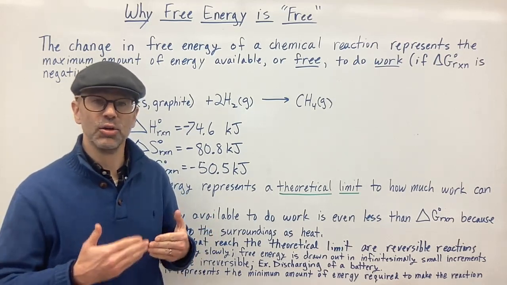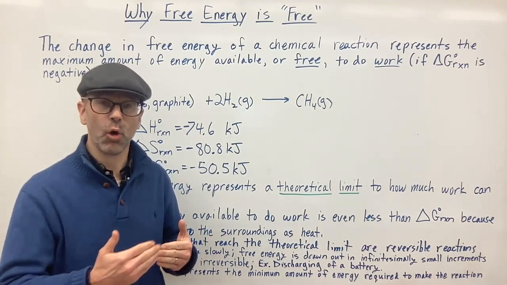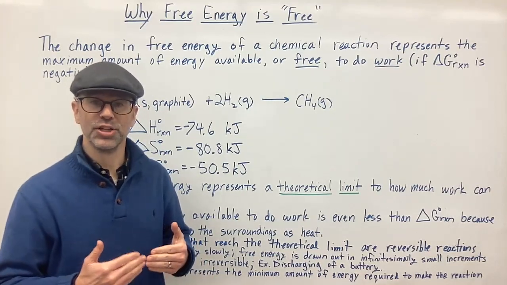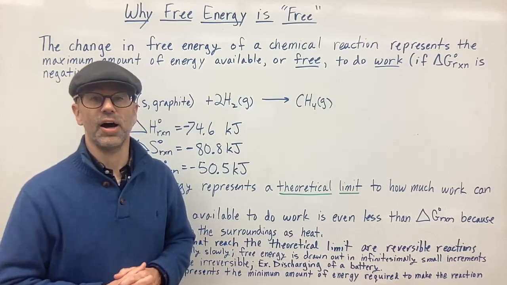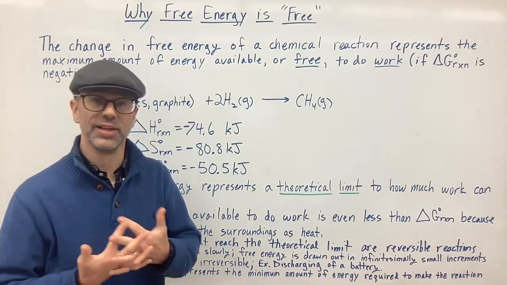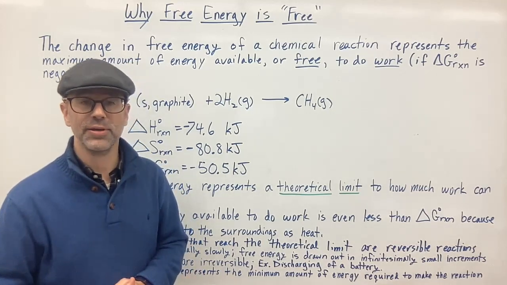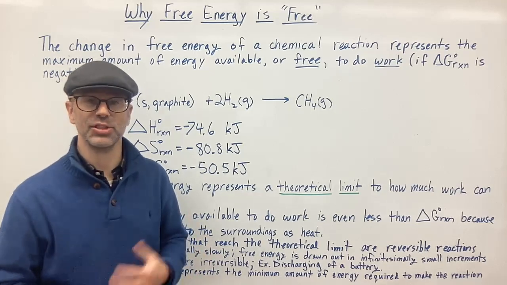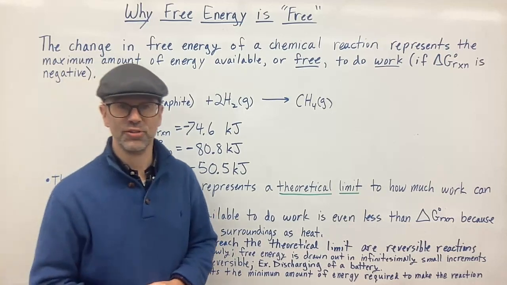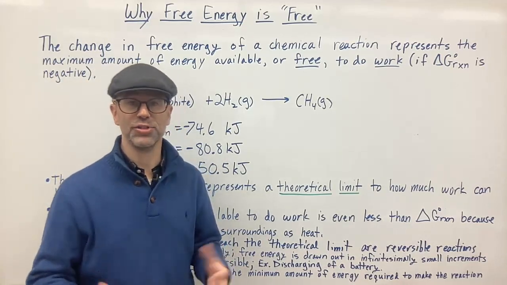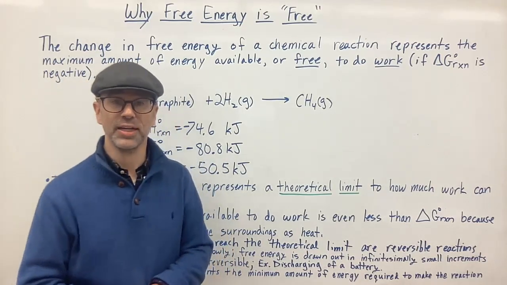The slower the electrons go through the wires, the less heat is produced and the less energy is lost. But in reality, that's just not feasible. So you're always going to lose more energy in the form of heat than you can actually get back.